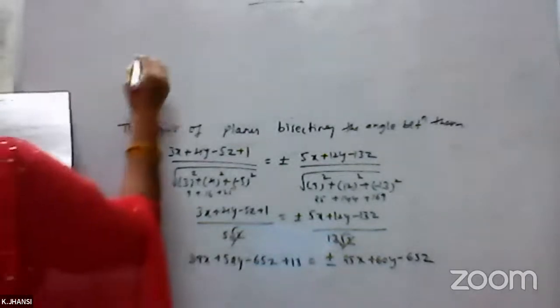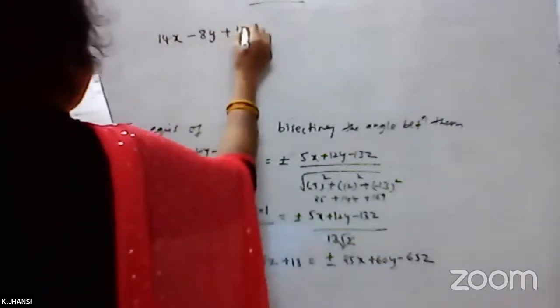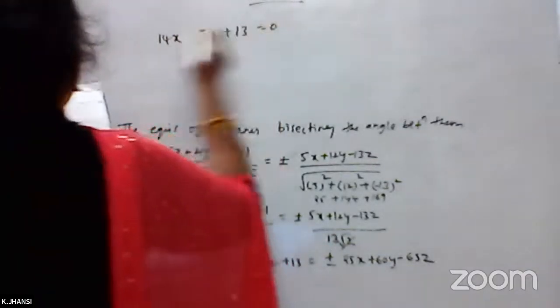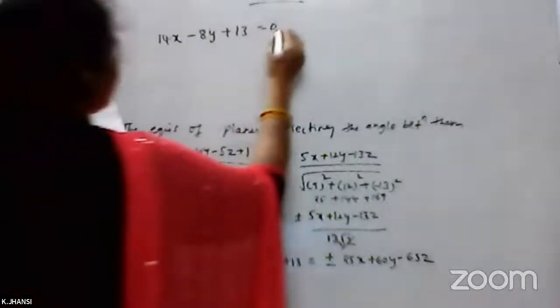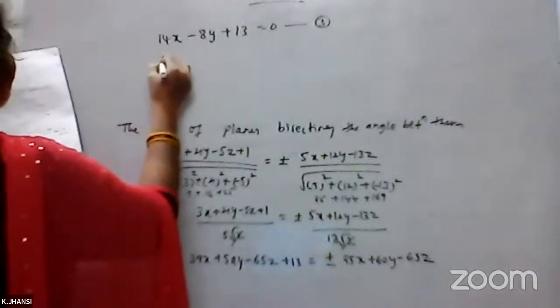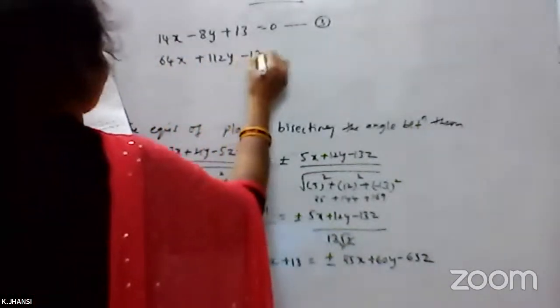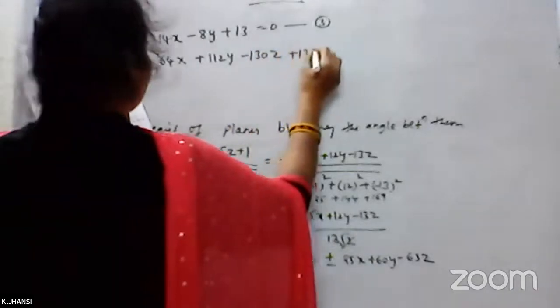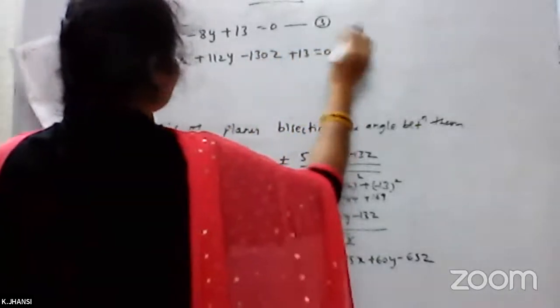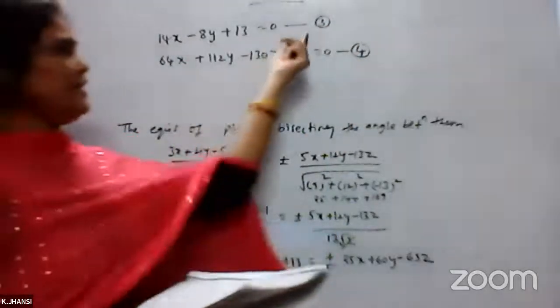So the equations are here: 14x minus 8y plus 13 equals 0. This is the third equation. Okay, next one is 64x plus 112y minus 130z plus 13 equals 0. So this on adding you will get, and this on subtraction you will get. So you are getting 3 and 4.